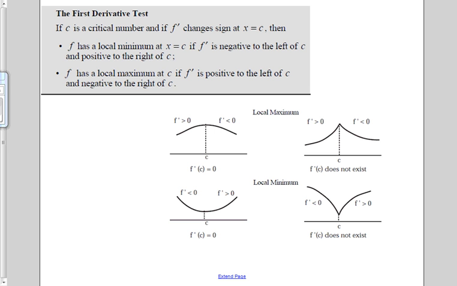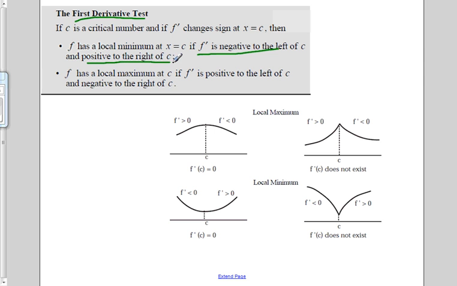Okay, so to find local max and local min, and we were getting at this earlier, there's what's called the first derivative test. If you take the derivative, it's a local minimum if f prime is negative to the left and positive to the right.